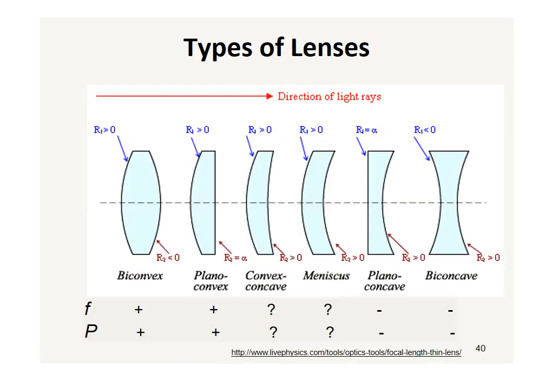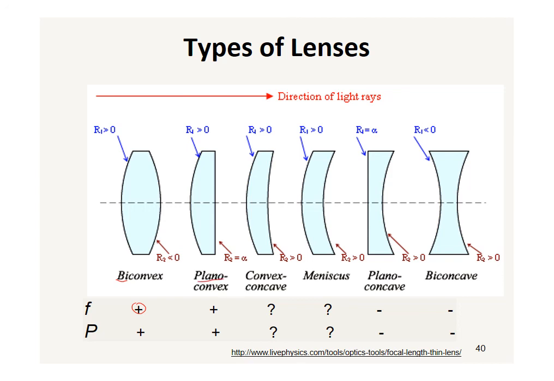There are different types of simple lenses. They have a series of different names. I don't want you to remember that all these names have certain positive powers or negative powers or can do various different things. What I want you more to be aware of is not only that you have lenses with different shapes, but you can work out from their names what their shape is. So if it says bi, it's referring to both sides, both radii of curvature.